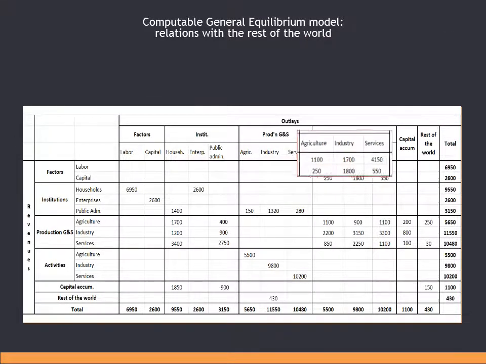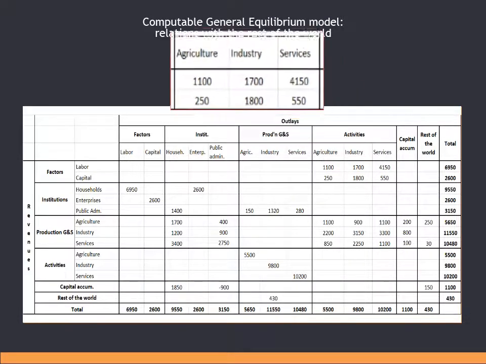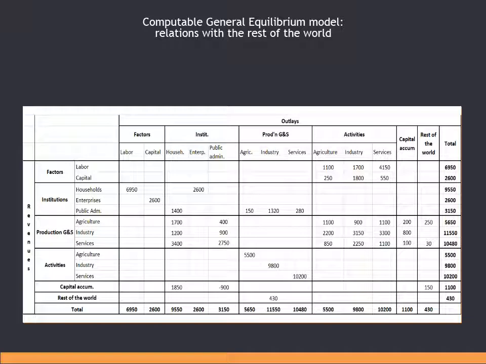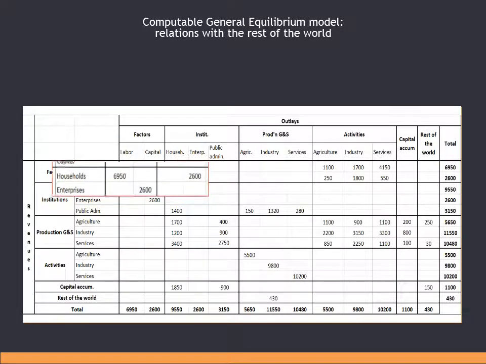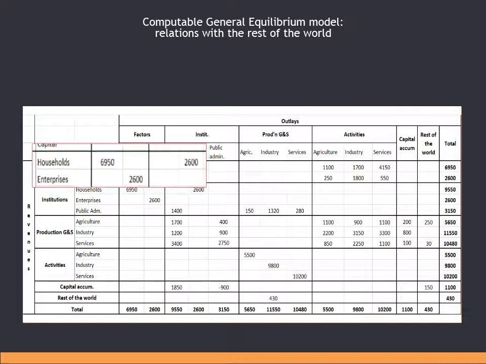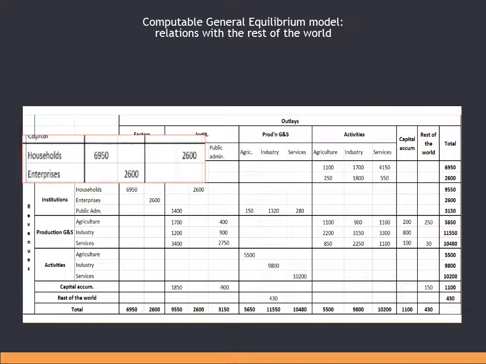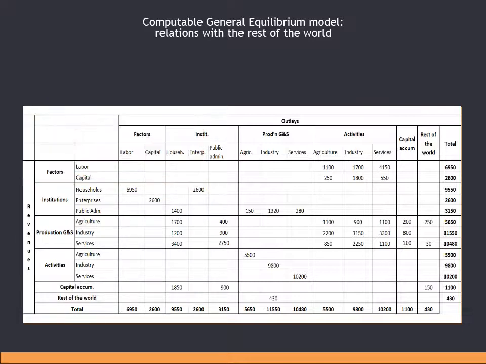Then you've got remunerations of productive factors, labor and capital. And then you've got the formation of income, that is to say, the labor remuneration goes to households. The remuneration of capital goes to enterprises that distribute profits to households.